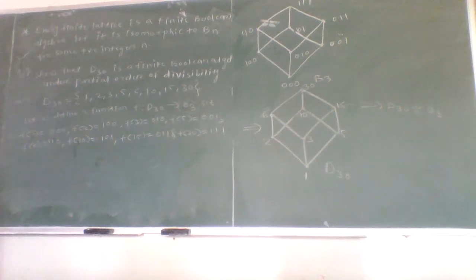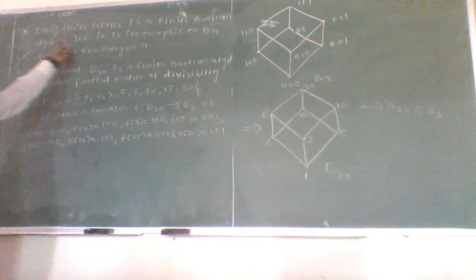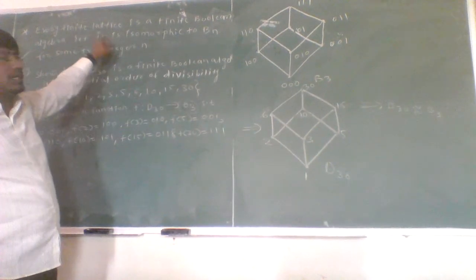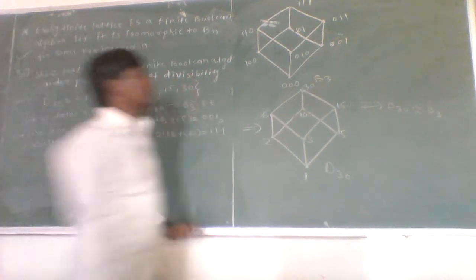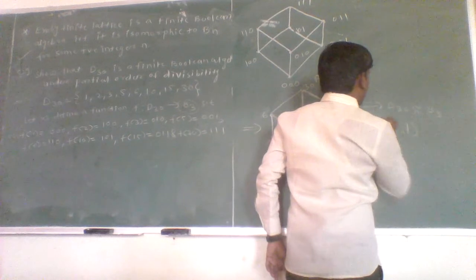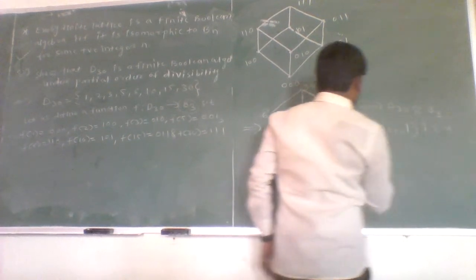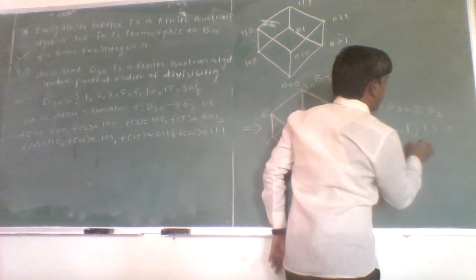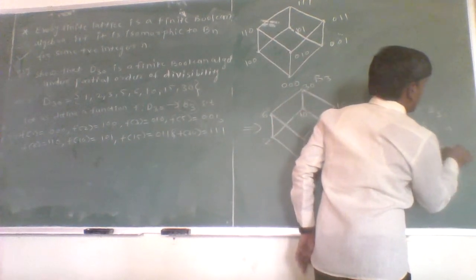According to this result, a finite lattice is said to be a finite Boolean algebra if it is isomorphic to some Bn for some positive integer n. As D30 is isomorphic to B3 and 3 is a positive integer, D30 with the divisibility relation is a finite Boolean algebra.